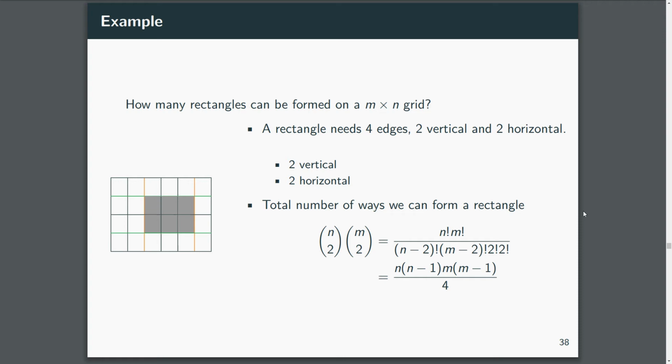So the result is going to be n choose 2 times m choose 2, because selecting these edges is independent. We can select vertical edges and then select horizontal edges independently. This results in this expression here.